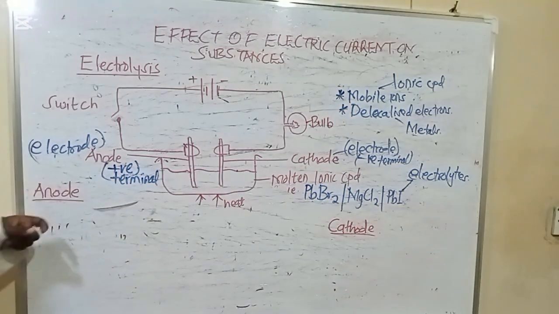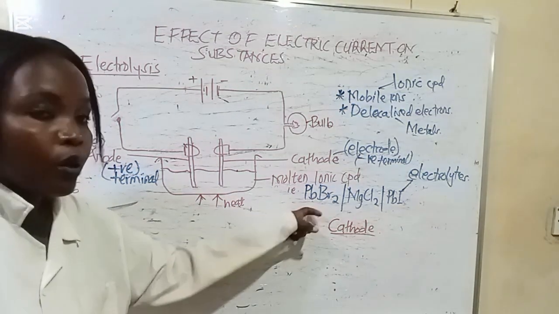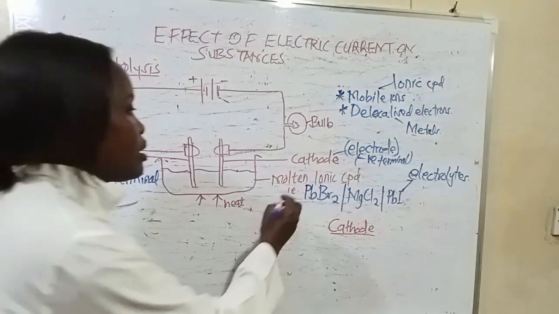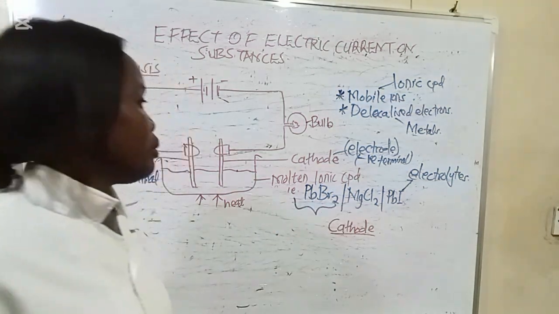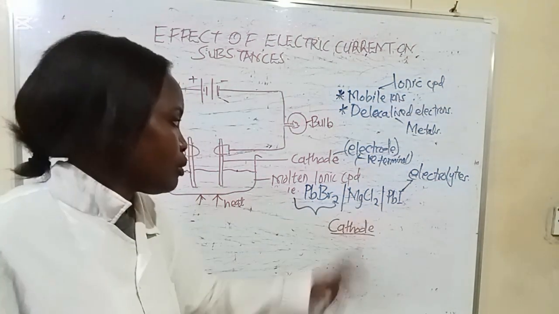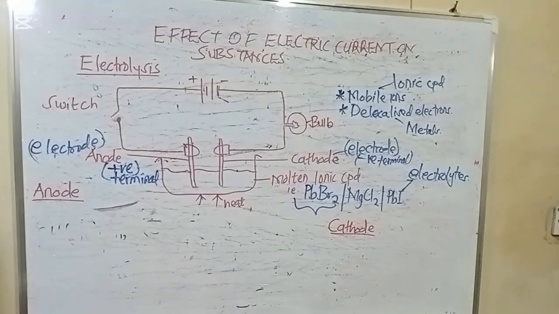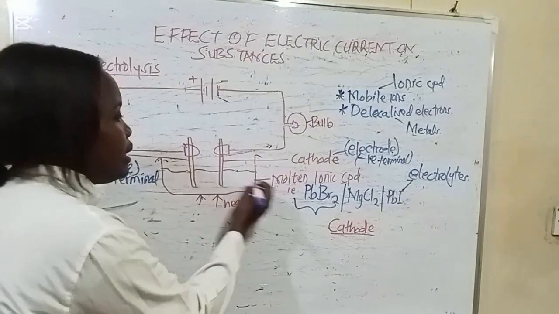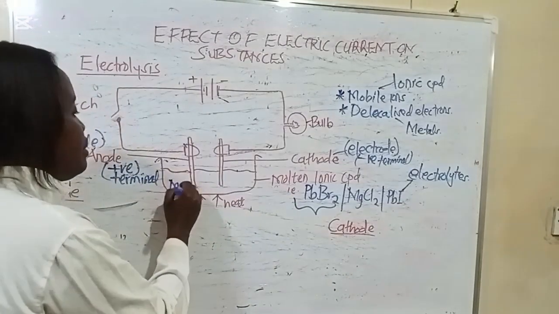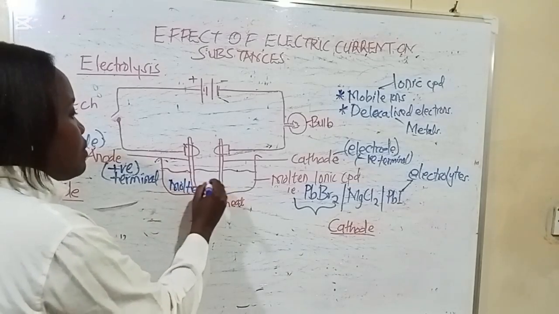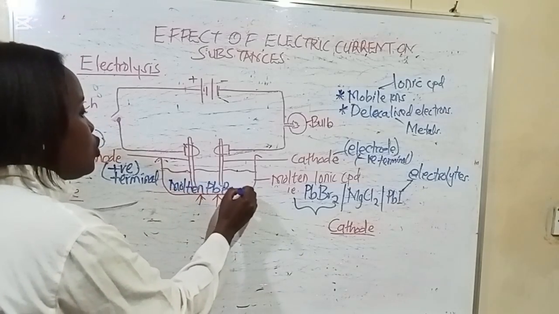Now, what happens in your anode? So we are going to take one ionic compound. In this case, we're going to take lead 2 bromide and even magnesium chloride, and we talk about them. So what happens when you have molten lead 2 bromide? So let me write here molten lead 2 bromide.